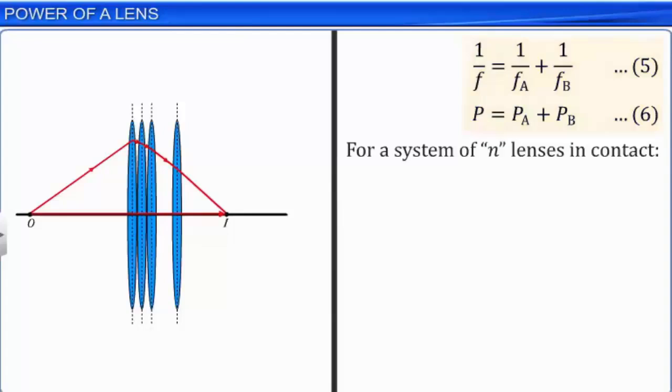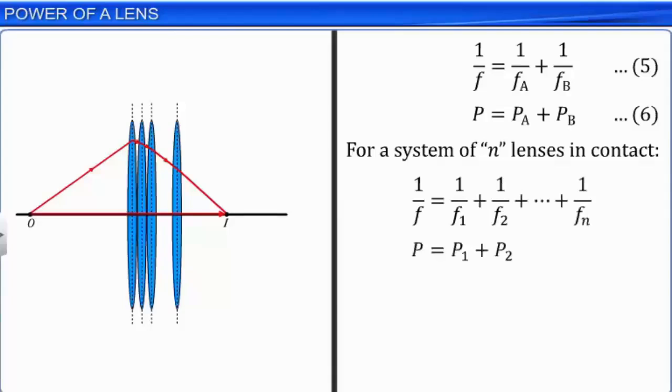Hence, the total magnification of the combination is a product of the magnifications of the individual lenses. If the magnification of the combination is M and the magnification of the individual lenses are M1, M2 and so on up to Mn, then M is equal to M1 into M2 into so on up to Mn.